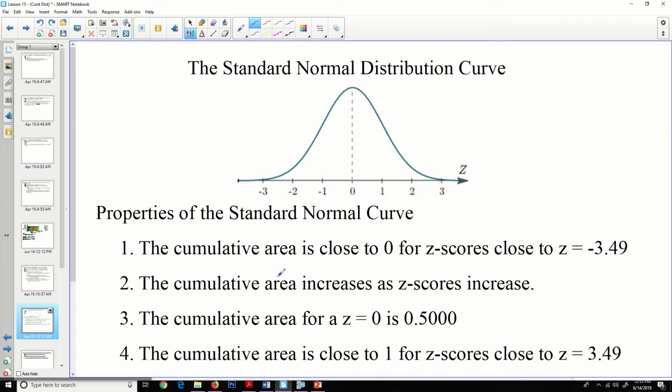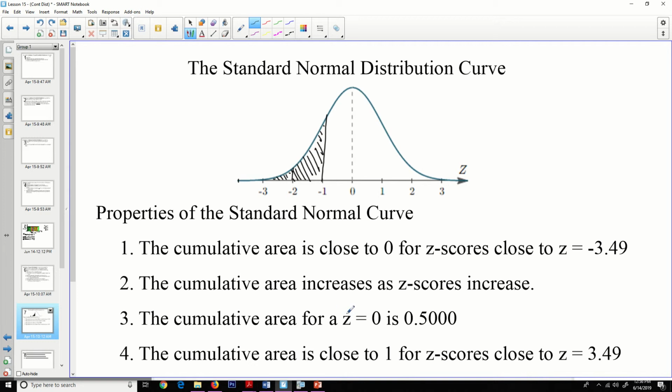And so the cumulative area increases as the scores increase. So as we go further this way, the cumulative area gets bigger. So at -2, the cumulative area is right there. As we get to -1, the cumulative area is all of that. So the further we go from left to right, the bigger the cumulative area is.